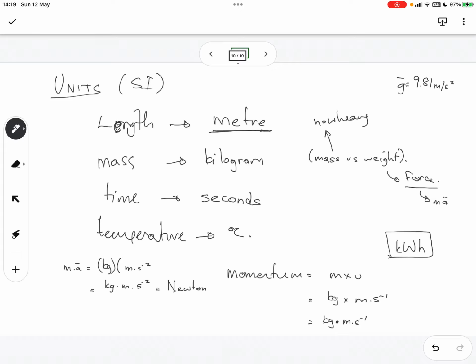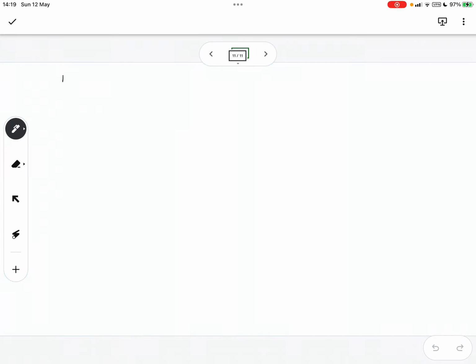So I want us to do page 8 of the Siyavula Grade 10 Learning Guide, exercise 1.1.